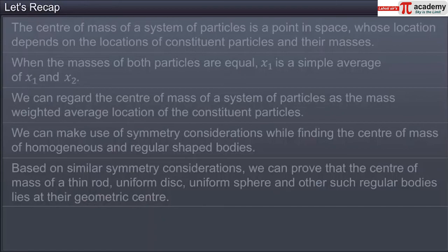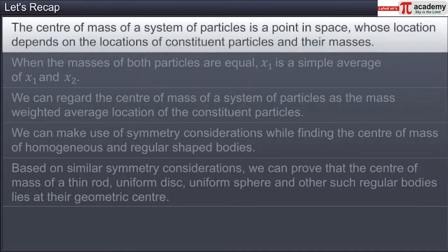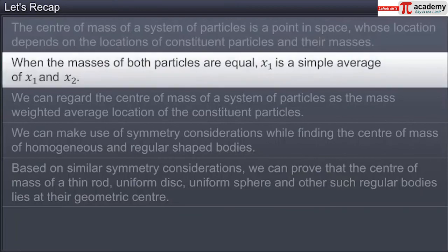In this module, you learnt that the center of mass of a system of particles is a point in space whose location depends on the locations of constituent particles and their masses. When the masses of both particles are equal, x is a simple average of x1 and x2.